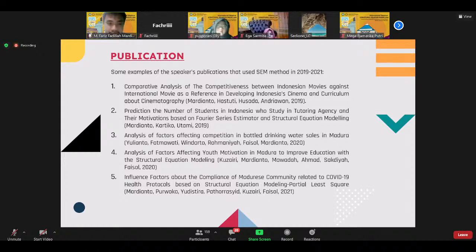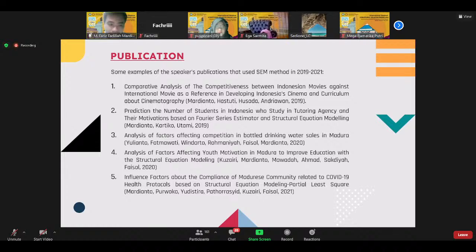The third is an analysis of factors affecting competition in drinking water battles in Madura. The fourth is an analysis of factors affecting youth motivation in Madura to improve education with structural equation modeling.